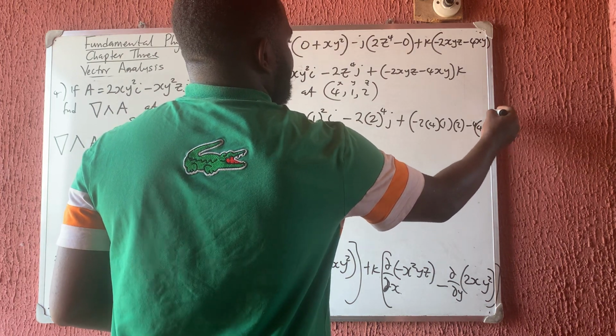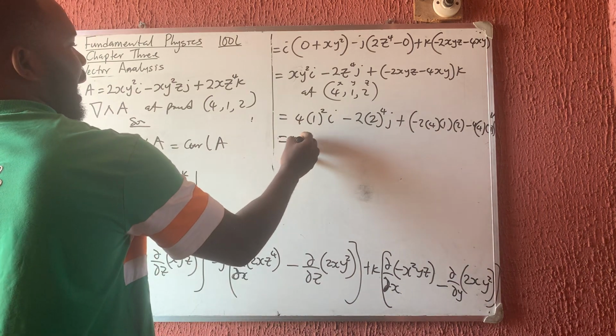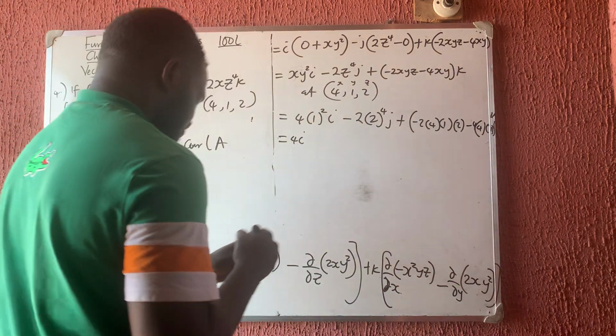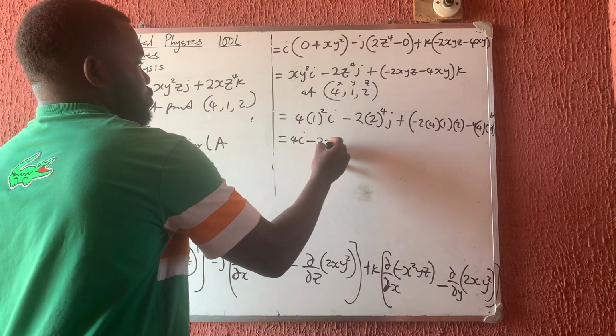You put your k. Please permit my writing. So I have here, this is just 4i. I'm having here 2 raised power 4, this is 16 times 2 is 32, so I have minus 32j.